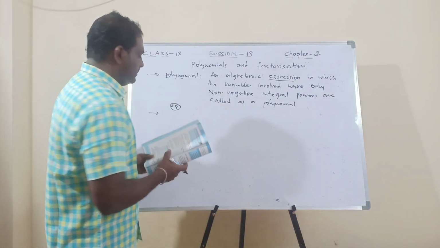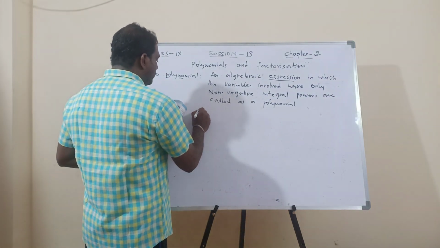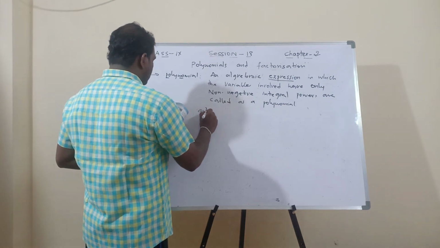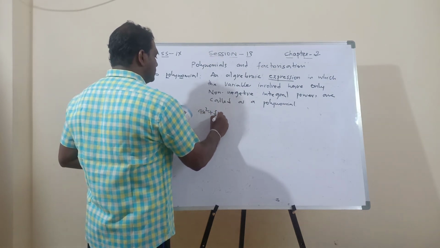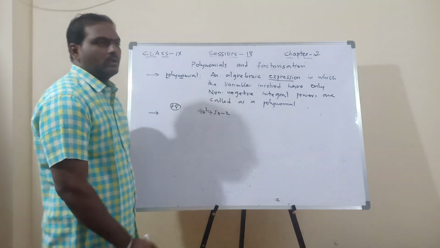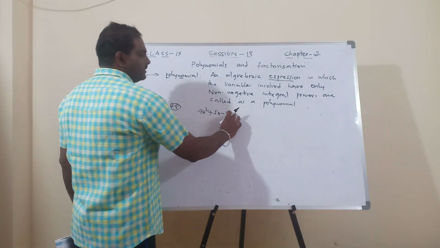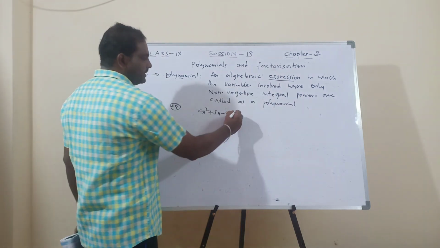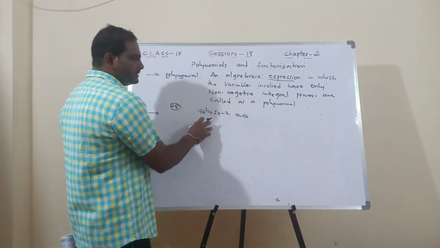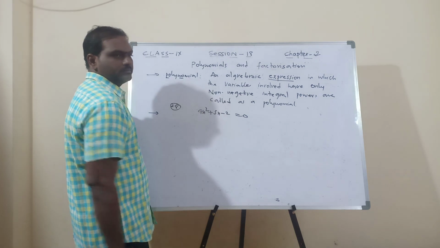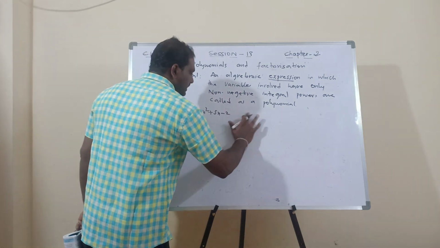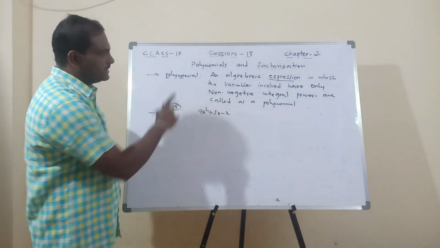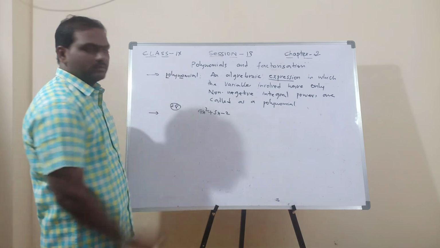Okay? Now, the first one, 4x square plus 5x minus 2. First of all, look at this, equals is not there, that means it's an expression only. For example, if equals 0 is written, this will become an algebraic equation. Just one is given, that means it's an expression. So the first point is over.